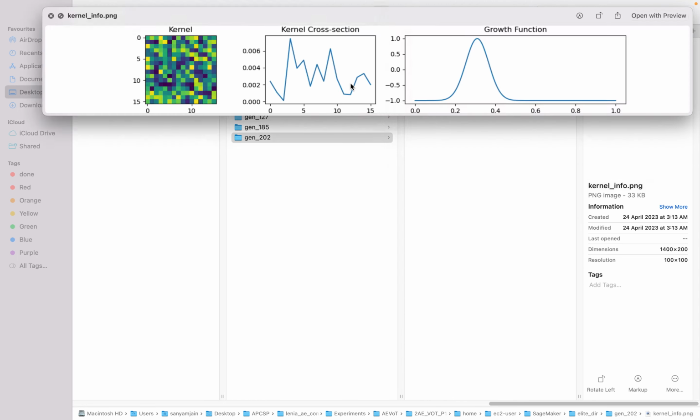So it found the elite at 202, and it stayed the same until generation 500. So let's check this configuration.